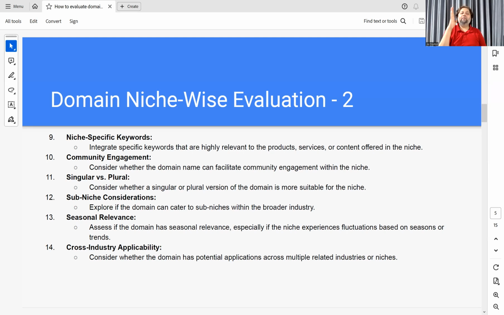See, I have typed 4 domains here. All the 4 domains I have. Now tell me, principle number 10, community engagement: consider whether the domain name can facilitate community engagement with that particular niche. Which is the number one? Can you tell me?